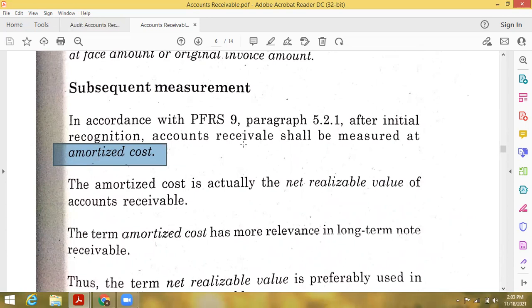Bakit magkaiba? Kunwari po, may naka-record na 1 million na accounts receivable sa akin. Yun yung initial ko, yun yung face value. Subsequent measurement po at amortized cost na siya. Yung amortized cost po kasi na yan, ang gusto niyang sabihin kasi dyan, baka dun sa 1 million na receivable mo, may hindi ka masingil. Baka may hindi na magbayad.